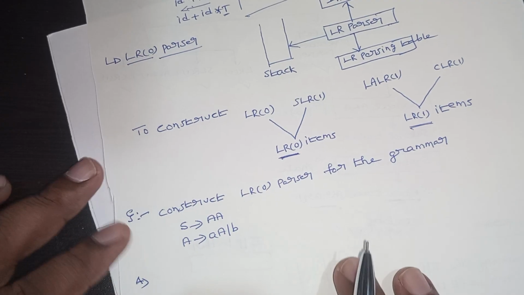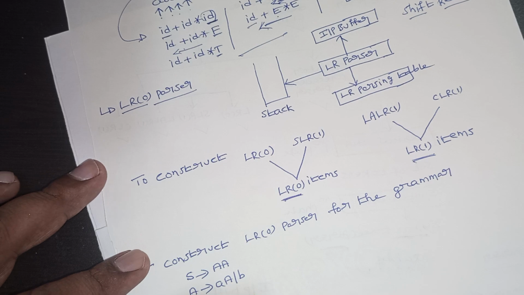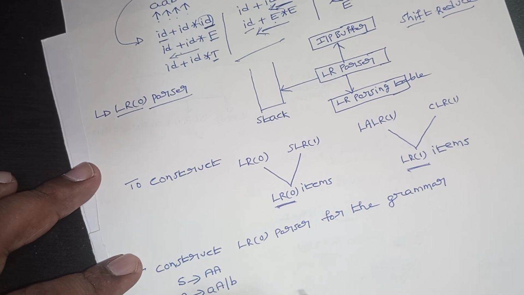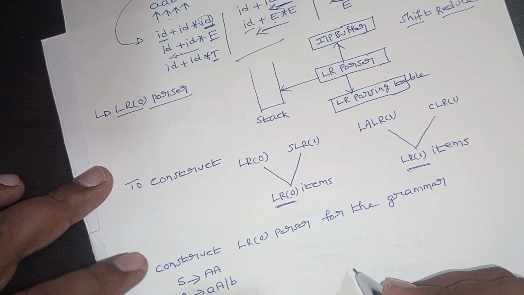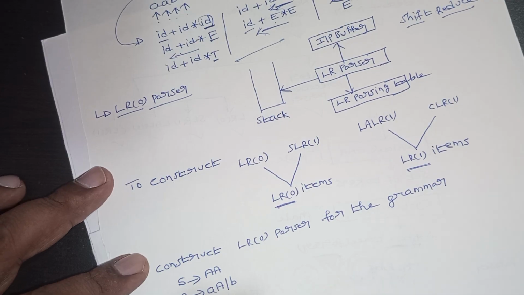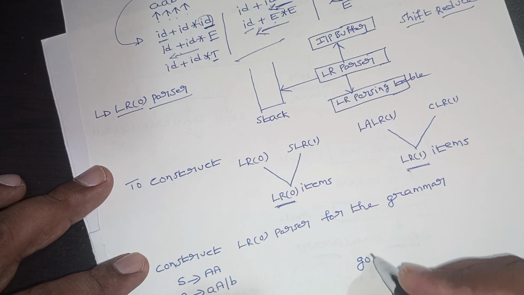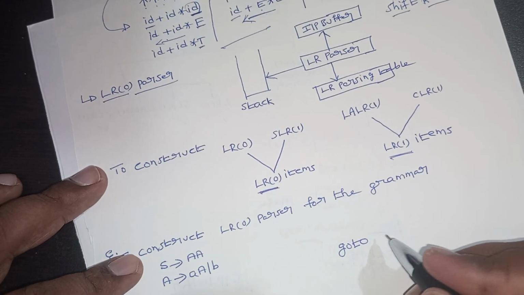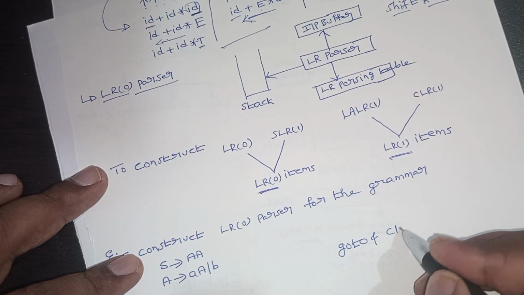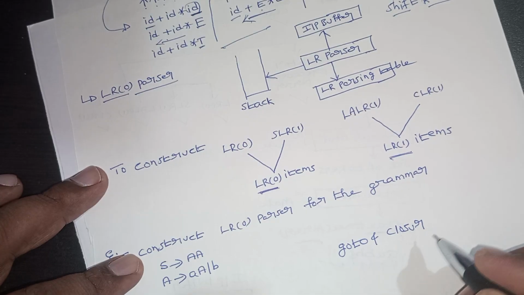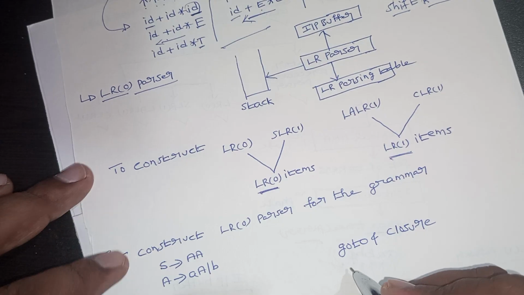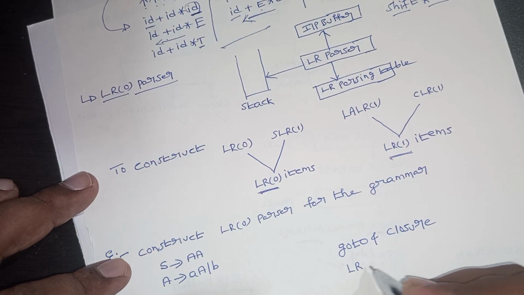Always make a note. First you have to construct goto and closure. Using goto and closure, I have to build the LR parsing table.